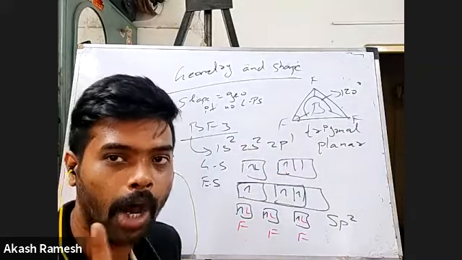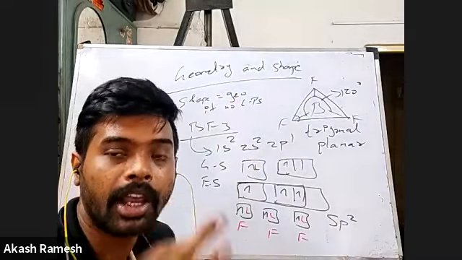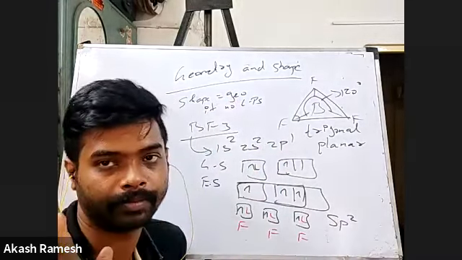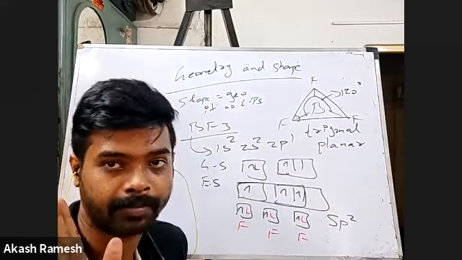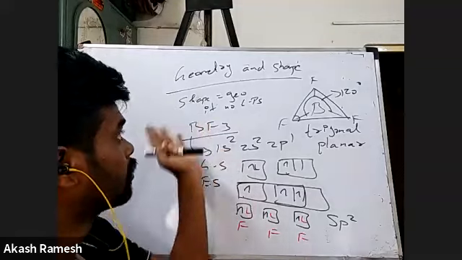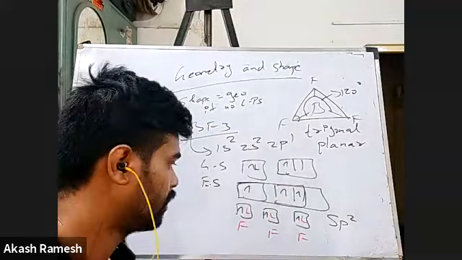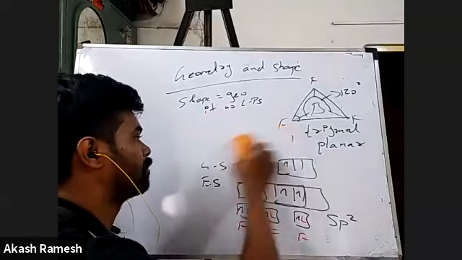I told you the difference between geometry and shape comes into the picture if I have a lone pair. Let me take an example, for sp2 hybridization itself.